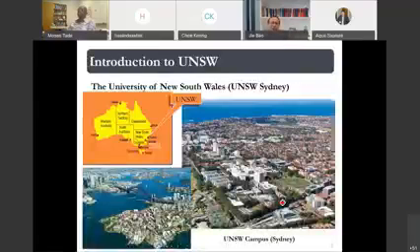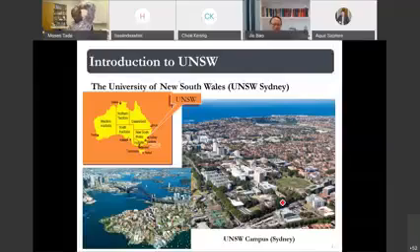First, the University of New South Wales, UNSW. I know some of you graduated from the University of New South Wales. UNSW, now branded UNSW Sydney, is located in Sydney. We have two campuses, one in Sydney and one in Canberra, called UNSW Canberra.